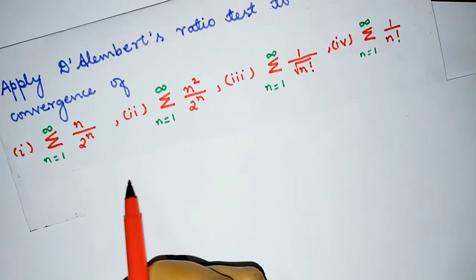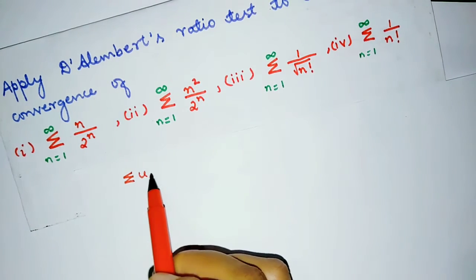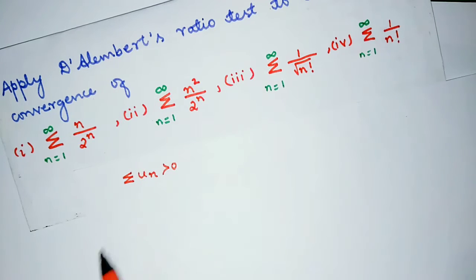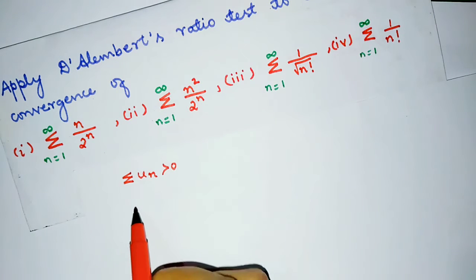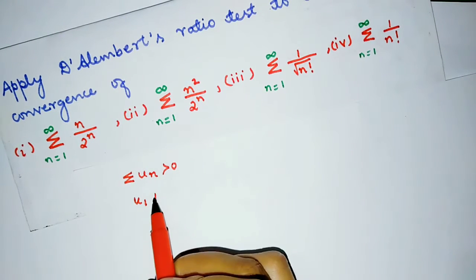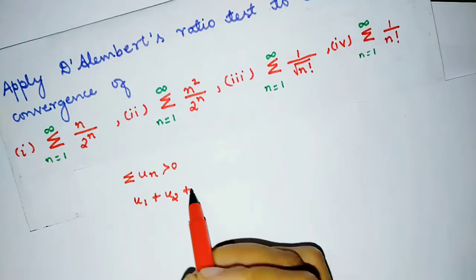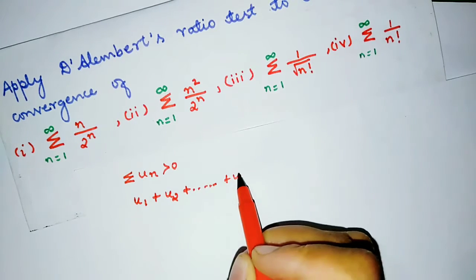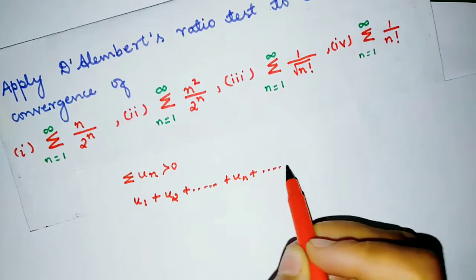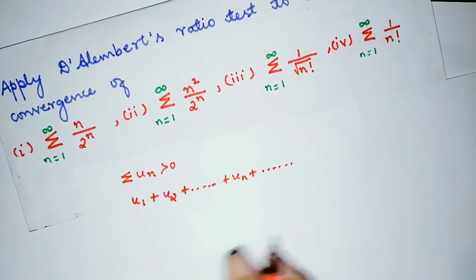Suppose a positive series is given to us. This one means the sum of U1, U2, UN, and so on.